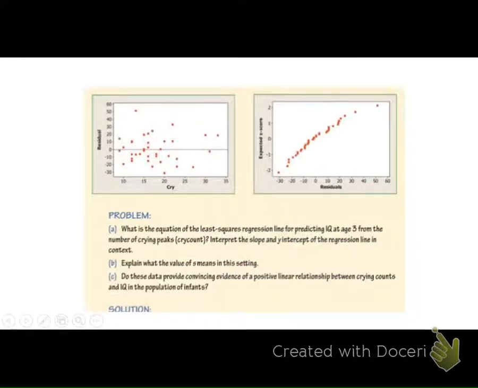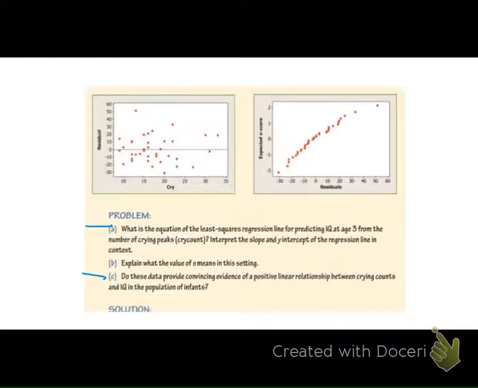Now for this video, we're going to be focusing on parts A and C. Part A: what is the equation of the least squares regression line for predicting IQ at age 3 from the number of cry counts? And then interpret the slope and the y-intercept of the regression line in context.